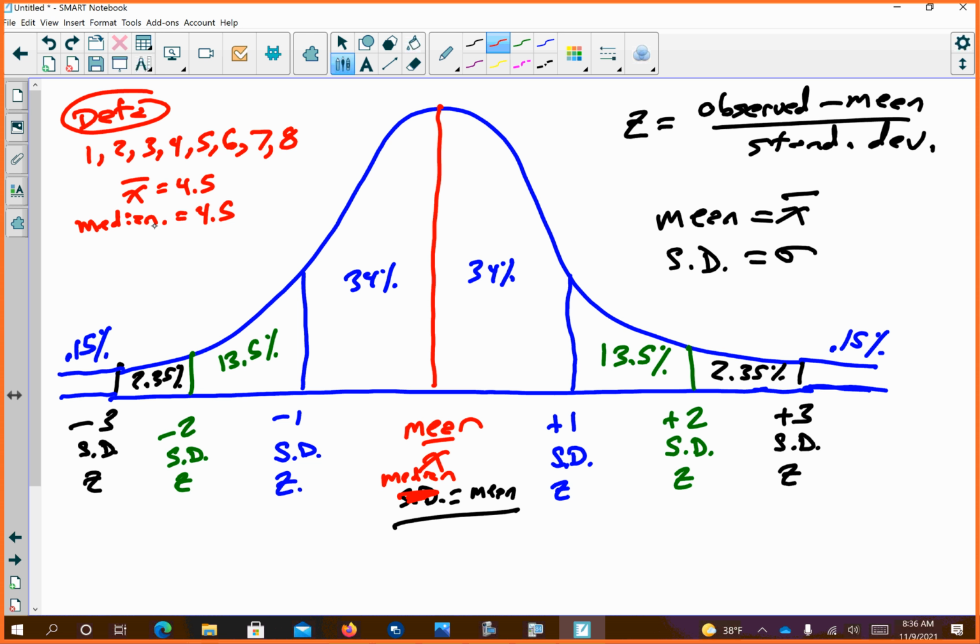So if they say, hey, is this a good set of data? Let's say they tell you that the standard deviation from this is equal to 6. This does not form a good normal curve because of this fact. If I went to my mean and added 6 to this, I get to 10.5.